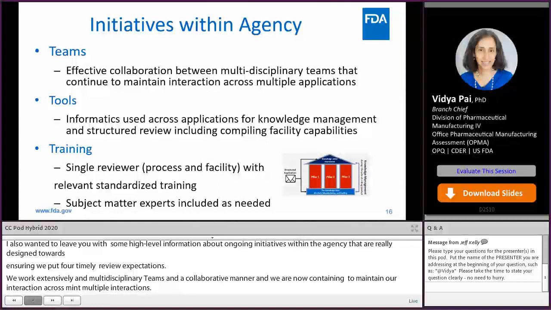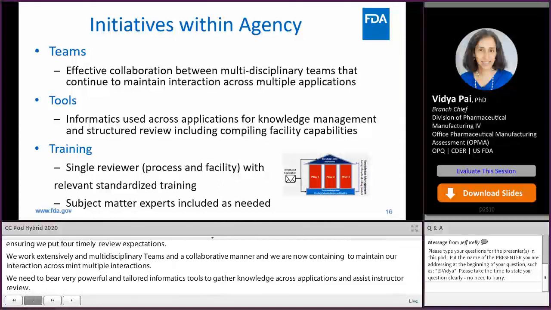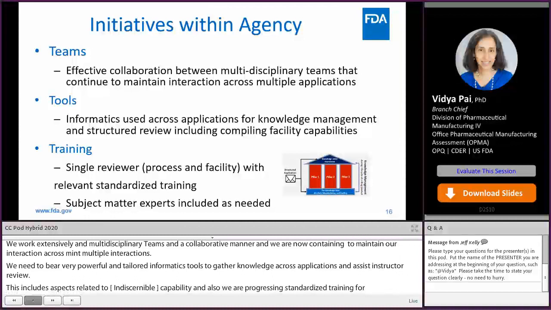And this includes aspects related to facility capabilities. And last but not the least, we are progressing standardized training for reviewers to progress integrated process and facility assessment, along with appropriate considerations of when to involve subject matter experts through consults so that the most relevant, appropriate, and robust review recommendations are put forth.